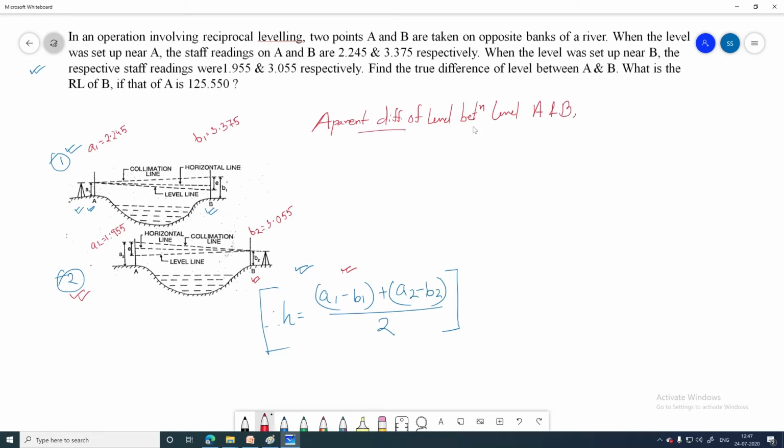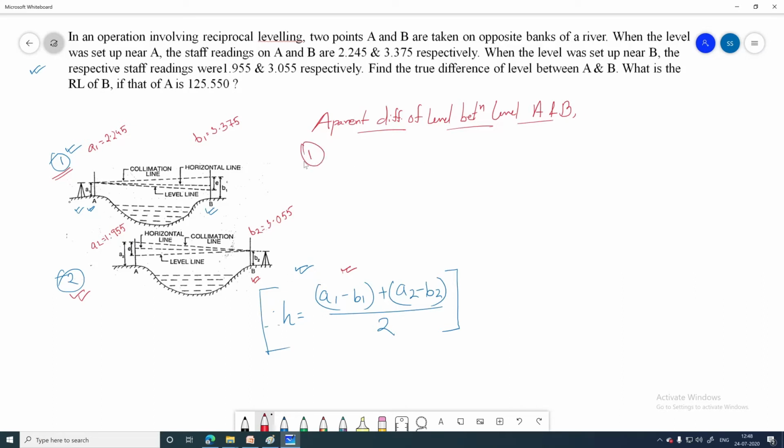You can see this is the location of A, this is the location of B. This is the first setting, so we will consider the first condition over here.